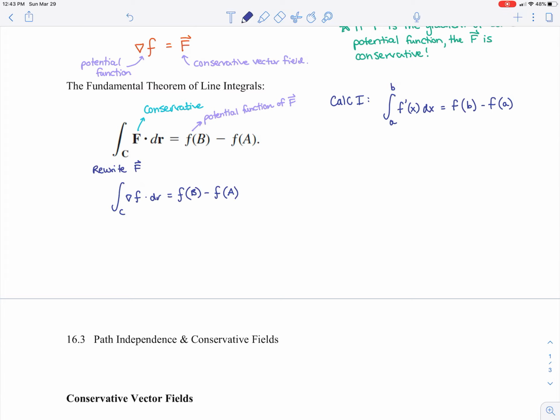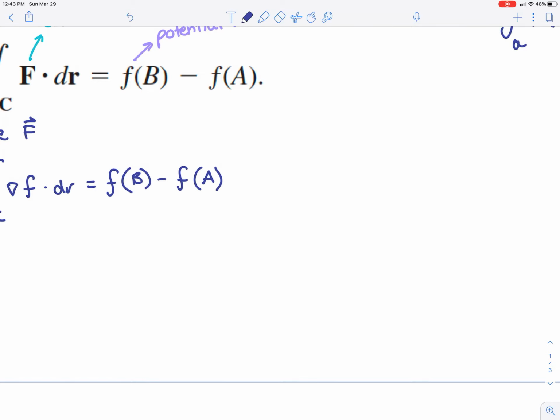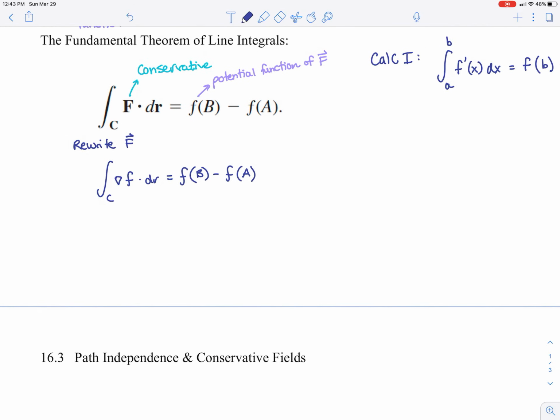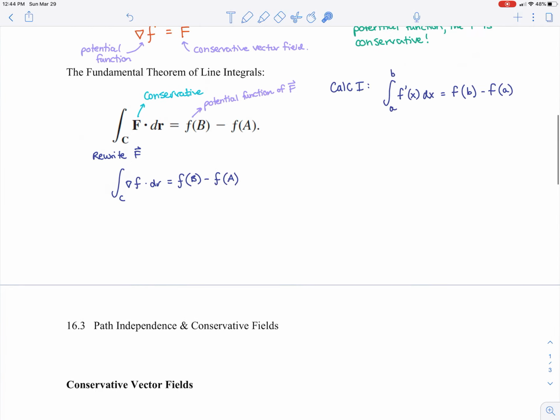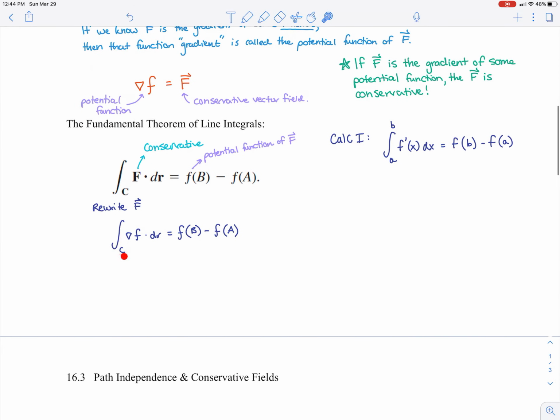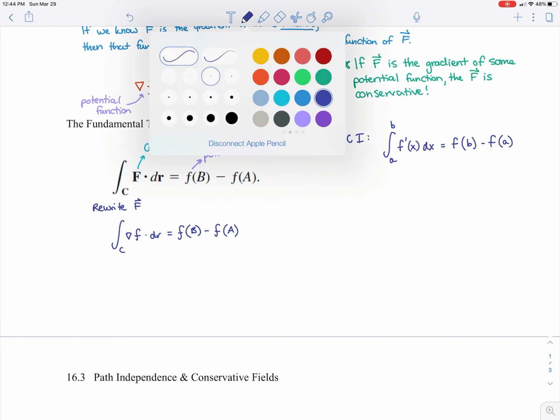And this is true, right? We can use this because if our function is a conservative vector field, then we know it's path independent. That's what we discovered up here. So conservative vector fields are path independent, so it doesn't matter what the curve C is. All we need to worry about is the difference between the starting and end points. Let me write that out.